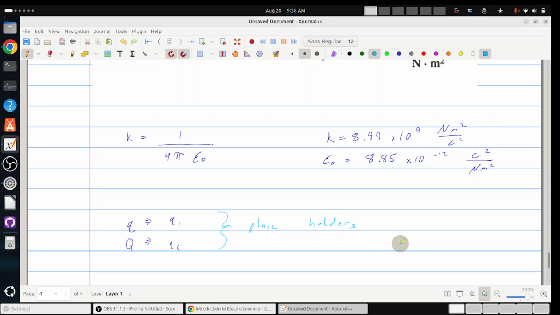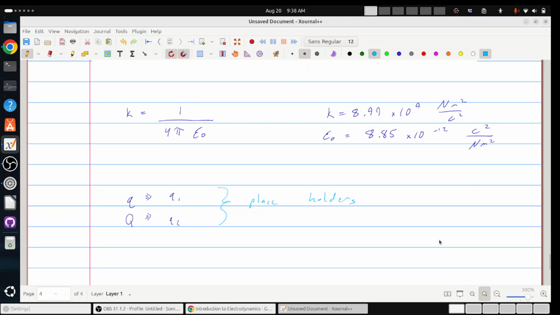The reason they use a little q and a big Q is because they move very quickly from Coulomb's law for the force into the electric field. So they're using this one as a test charge at some point in space.